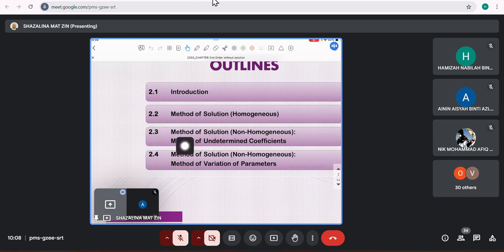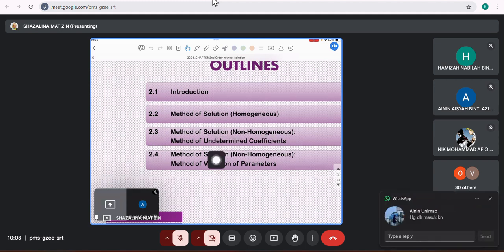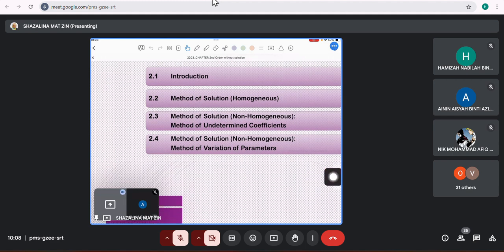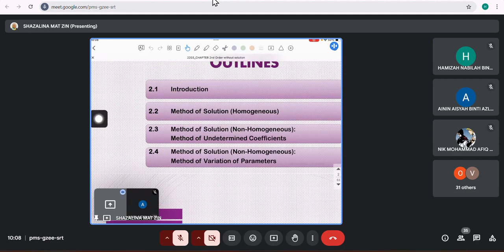Number 2, method of solution for non-homogeneous equation but using method of undetermined coefficient. And number 3, method of solution also for non-homogeneous equation but using method of variation of parameters. So untuk hari ni, for today, we are going to cover subtopic 2.1 and 2.2.